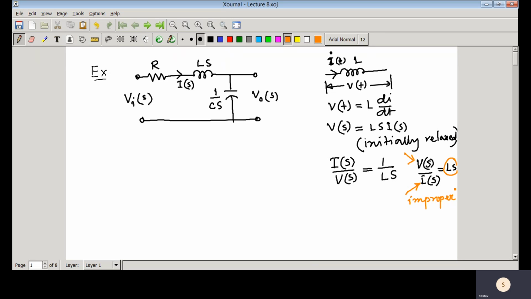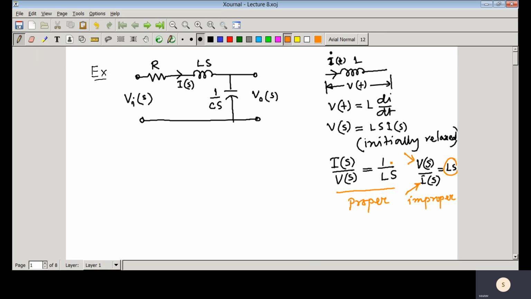So whenever you want to realize a circuit comprising any inductor, always try to realize it in terms of a proper realization.